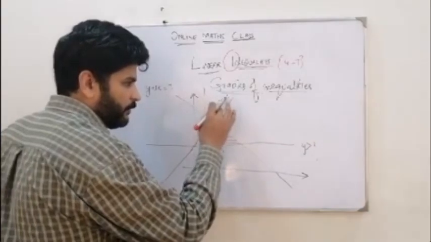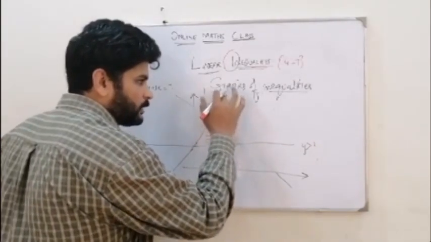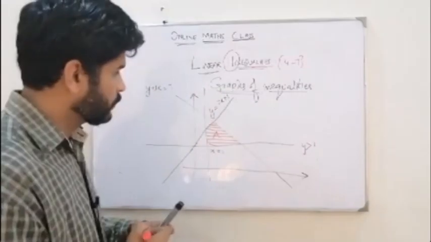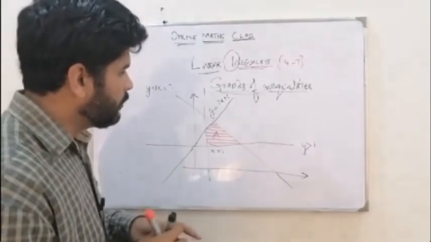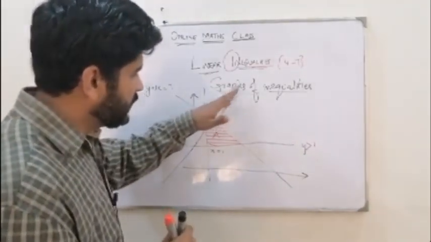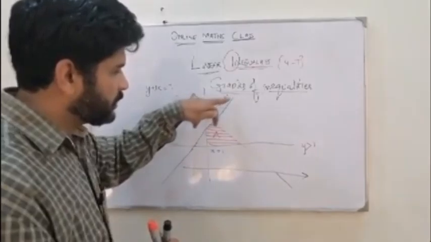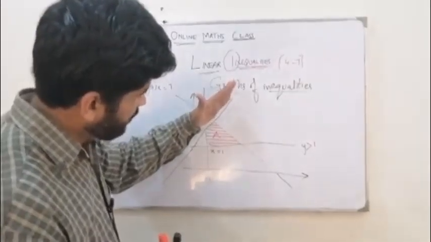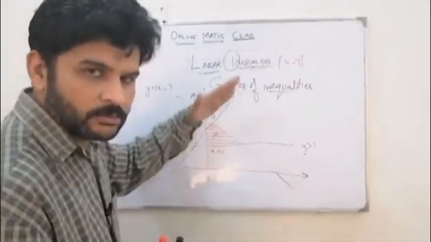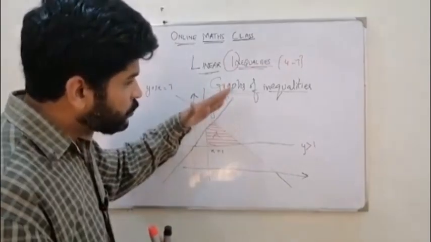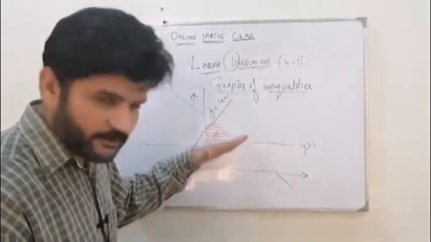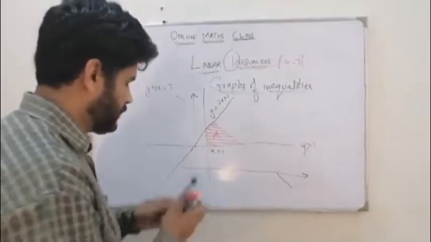For this equation, y is equal to 2x plus 1, can you tell me whether the shaded region is below this line or above this line? The shaded region is below, right? Below, y decreases, y becomes less when you move downwards, right?